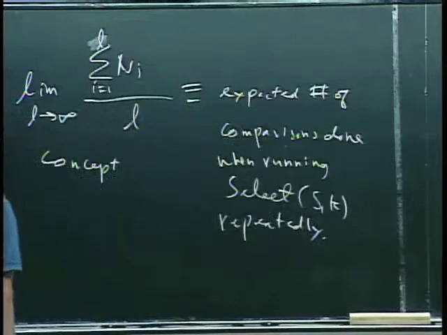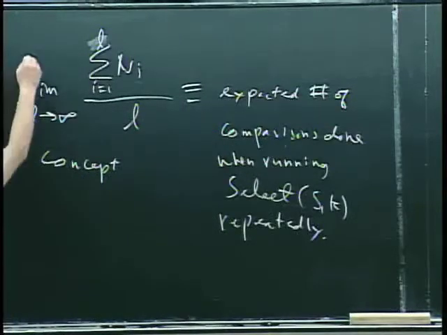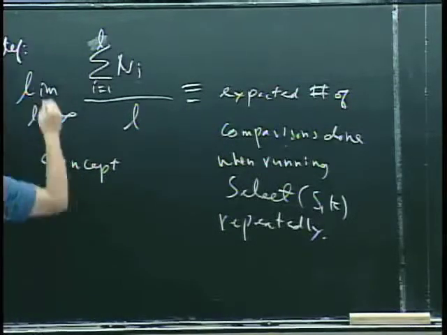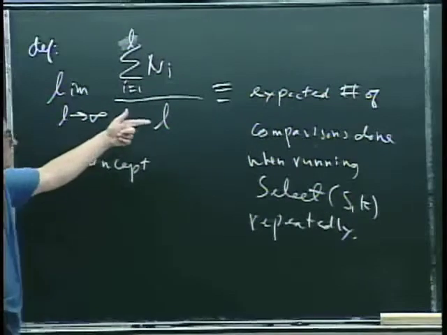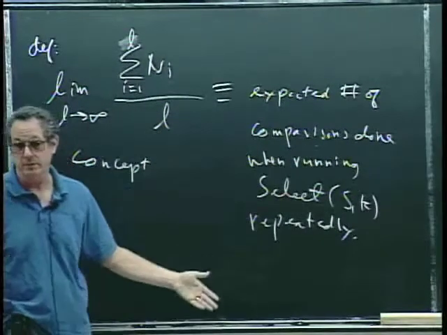Okay? So this is a definition. This is what I'm going to use as my definition of the expected number of comparisons.